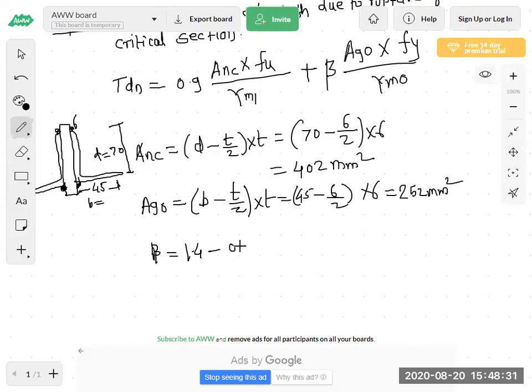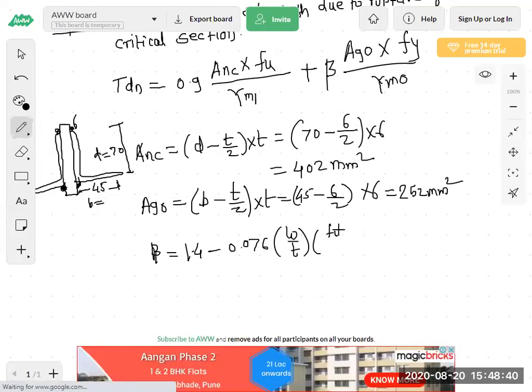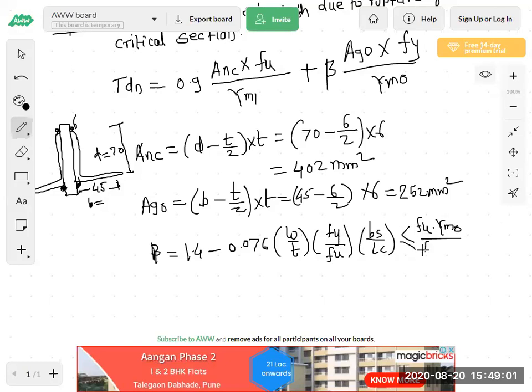Beta is equal to 1.4 minus 0.076 into w by t into Fy upon Fu into bs upon Lc, and it should be less than or equal to Fu into gamma m0 divided by Fy into gamma m1. Please verify.